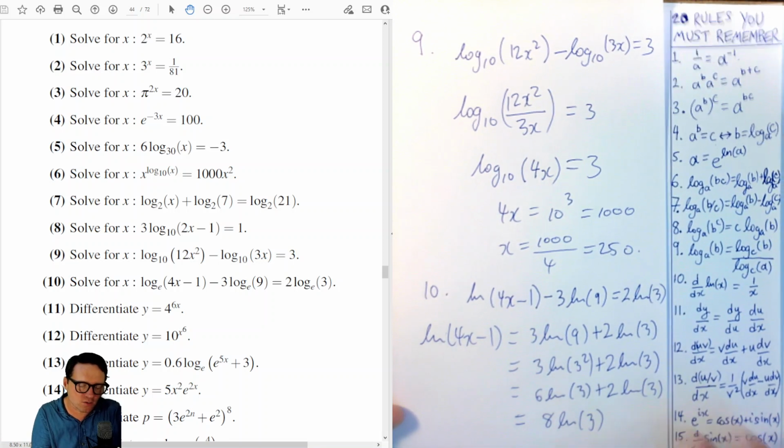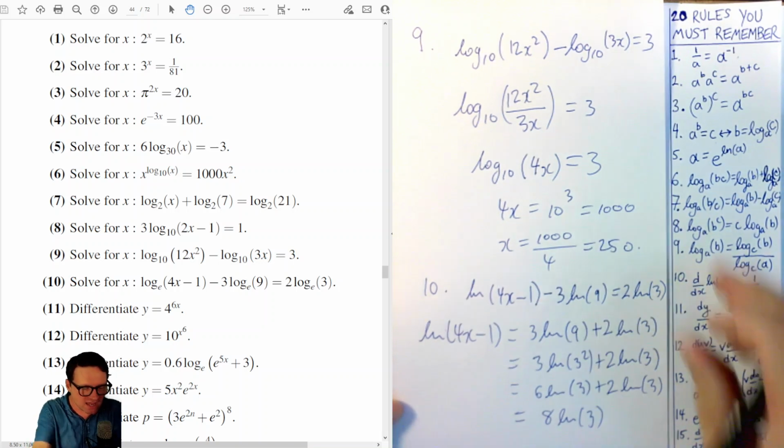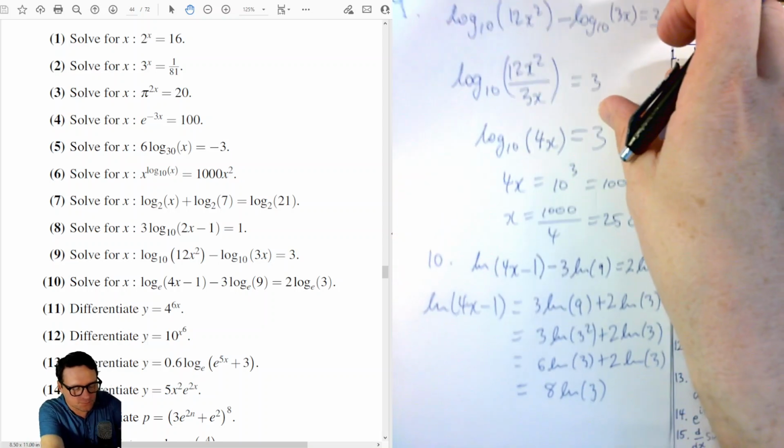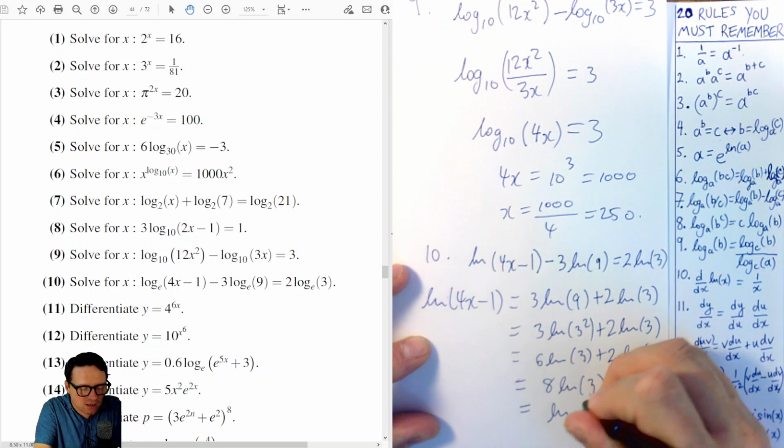Now I can go the other way and I can put that 8 up into the exponent. And so we are using rule number 8 in the other direction. So we have then ln of 3 to the power of 8.